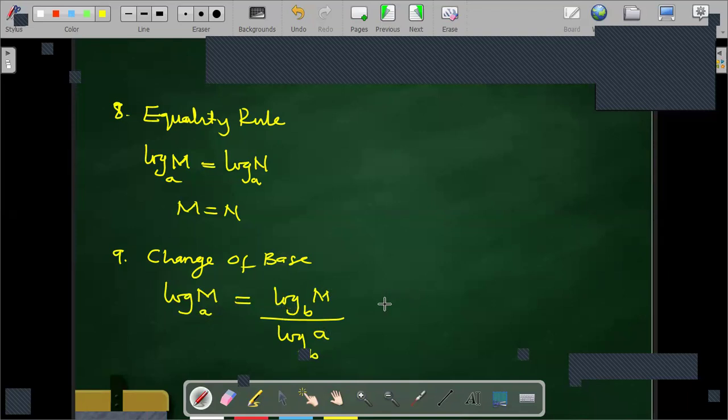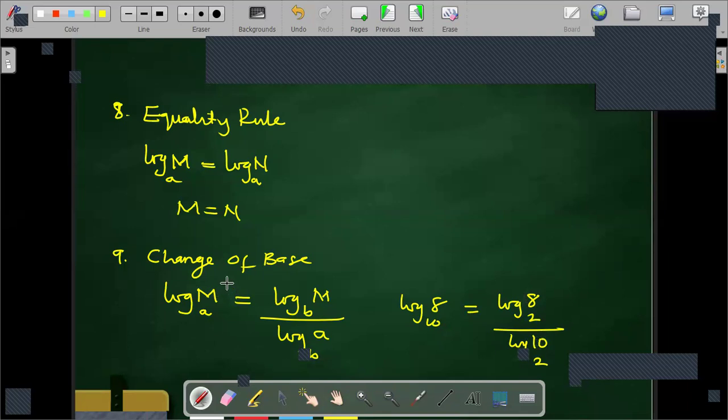A typical example, let's say we have logarithm of 8 to base 10. It can be written as logarithm of 8, let's say, to base 2 over logarithm of 10 to base 2. So this is called the change of base logarithm.